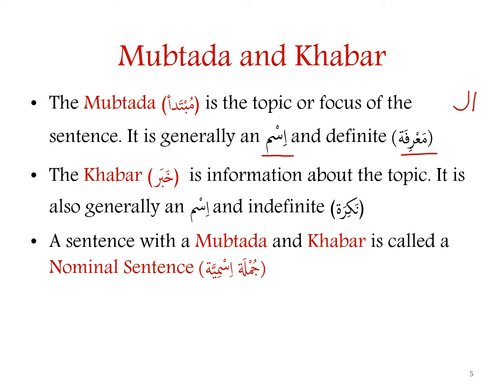The khabar is information about the topic, and it is also an ism, but it's usually nakira, indefinite, as we saw in the previous example. Now, this is an important definition. A sentence with a mubtada and a khabar is called a nominal sentence, or jumlatun ismiyya, because we're going to contrast that with the verbal sentence.